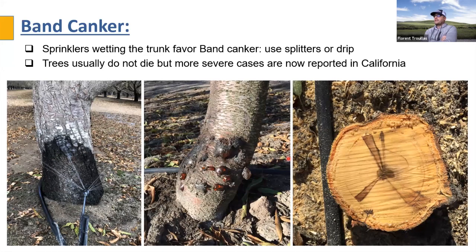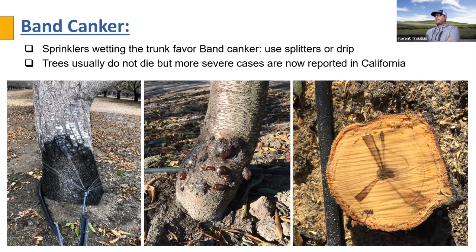Band canker is usually favored by trunks that are getting wet through the use of sprinkler irrigation. So whenever a sprinkler wets the trunk, it's never too good of a thing for disease. It can lead to more severe cases of band canker.